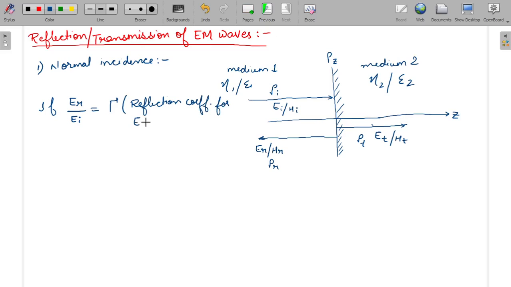This formula is very important because it will be used in the transmission line. The next formula is transmitted electric field divided by incident electric field, that is given as a small tau. This is called the transmission coefficient.